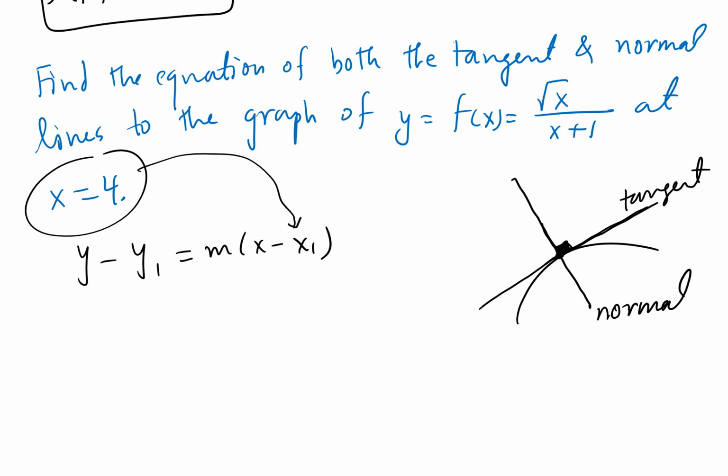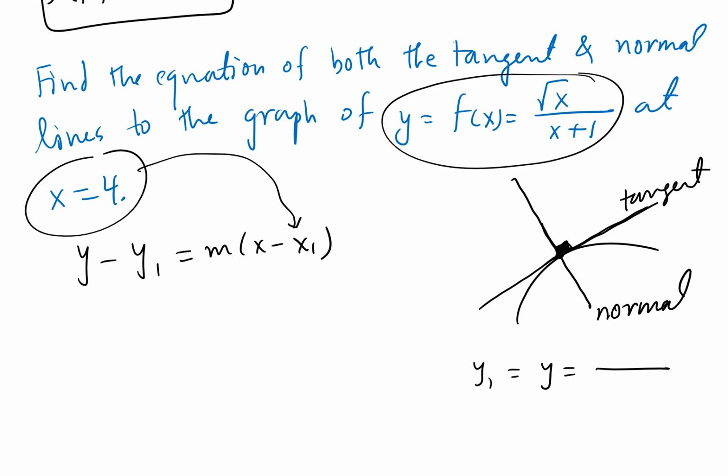To find the y value, y1, you substitute that x equals 4 into the original function. And let's see what we get. We get 2 over 5. That's y1. So I found y1, x1 is given. The only thing left to find is m, the slope of the tangent line.